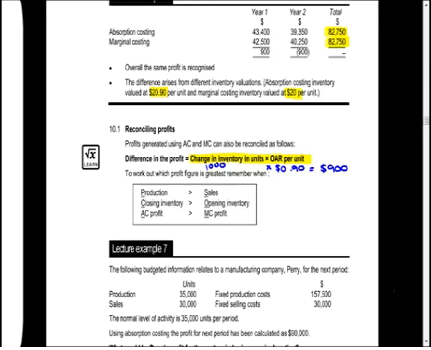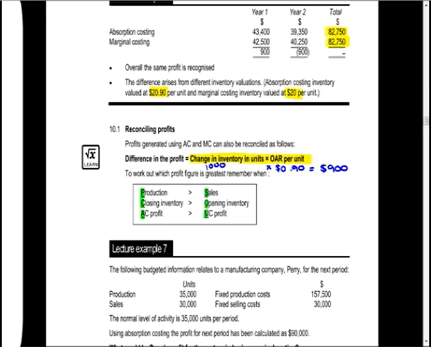You need to find a way of remembering the difference, and one such way is that when production is greater than sales, closing inventory is bigger than opening, absorption costing profit will be higher than the marginal costing profit. And that works alphabetically because P comes before S, C comes before O, and A comes before M. And if you reverse the signs, then the same is true.